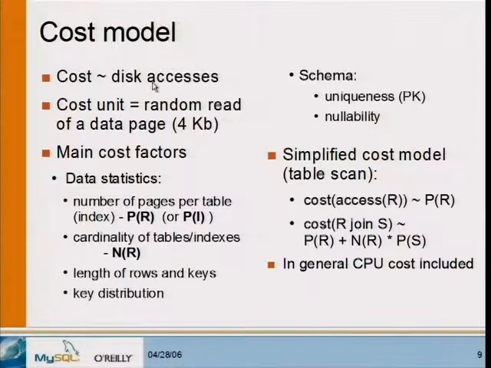In general, we also include CPU cost: the cost of computing one simple predicate such as an equality or inequality comparison is some constant defined in the code, the one disk access divided by some constant in the code.